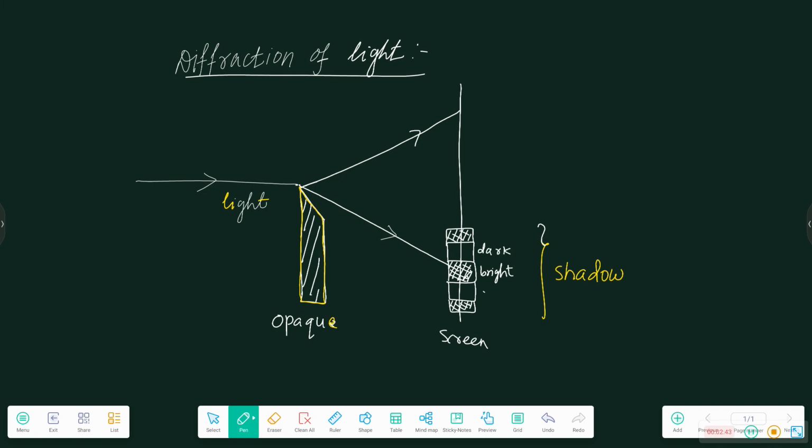You are getting alternate bright and dark, like interference, like the YDSE experiment. But this is not continuing. Slowly the width of the dark and bright is reducing.